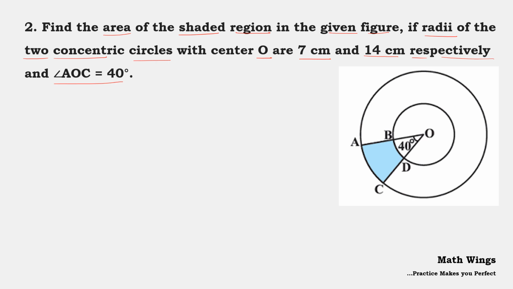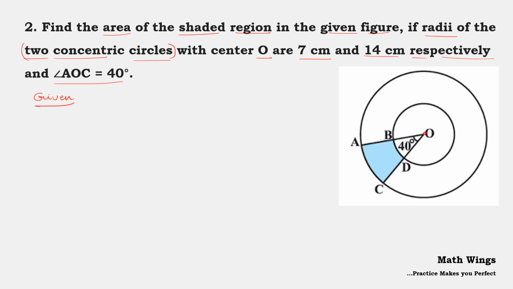So let us list out the given parameters here. Before that, let us see what they have given in the question. Here we have two concentric circles. So what do you mean by concentric circles? Yes, you are correct. Concentric circles are nothing but circles having the same center.